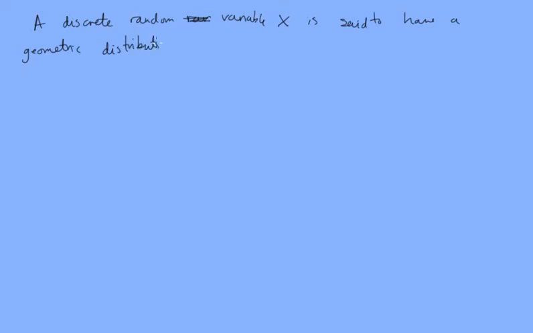So, a discrete random variable X is said to have a geometric distribution and is defined by a parameter p if the following is met.